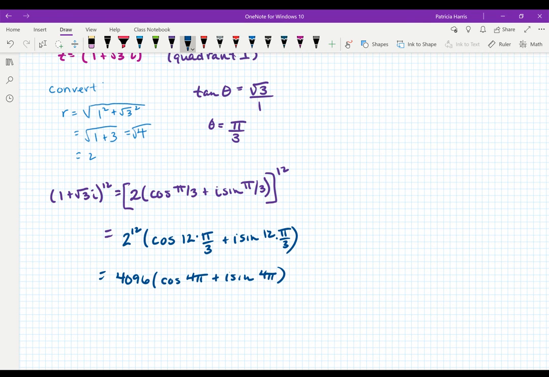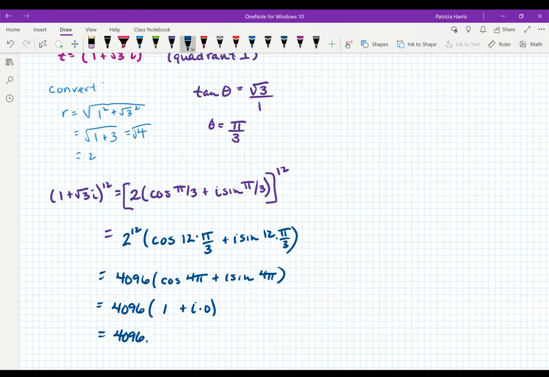Now, 4 pi I know is not on the unit circle, but if you subtract 2 pi, that is coterminal to 2 pi. Okay? So that's 1 plus i times 0. I must like that number today. So my answer would be 4,096.